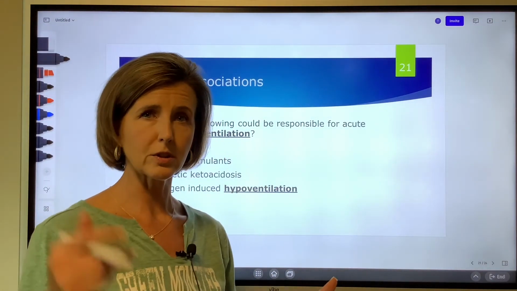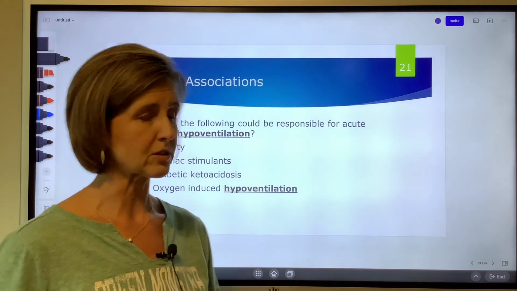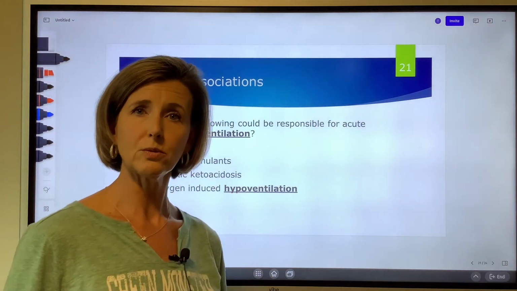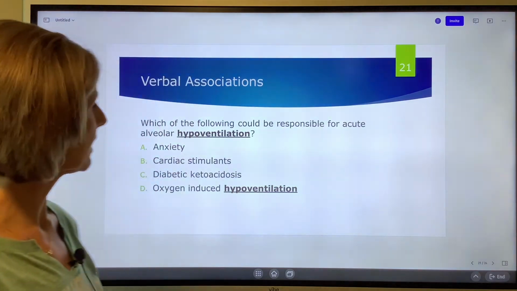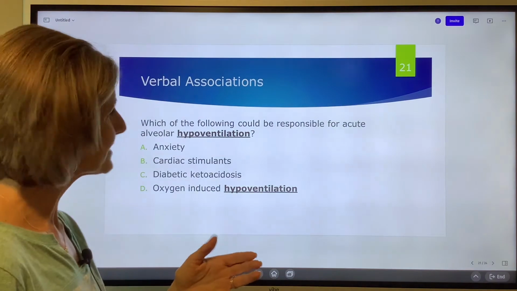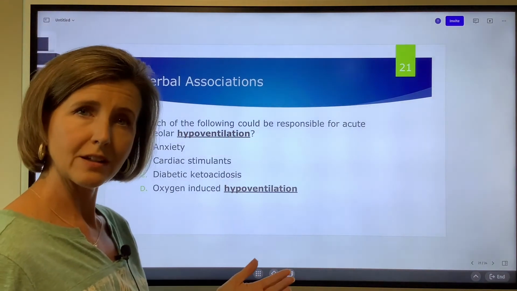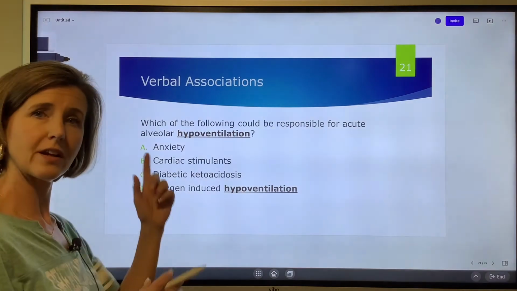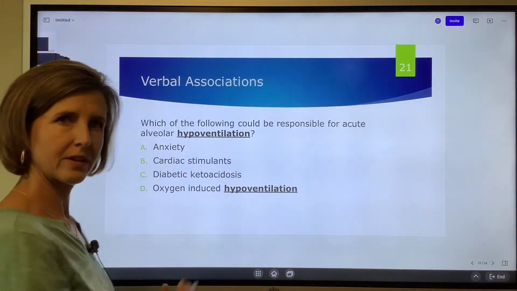If you are in school and you've gone through blood gases and you've learned this terminology, you know this means an elevated CO2 and a decreased pH. But if you're just starting and you don't know what that is, I would tell you start looking for similar words. So we have the word hypoventilation there and the word hypoventilation there.